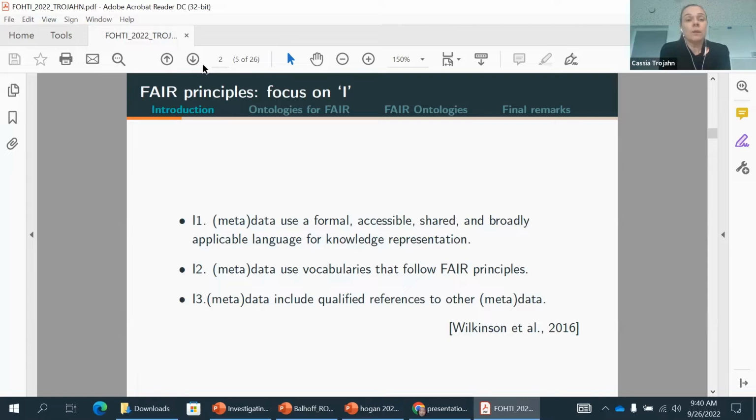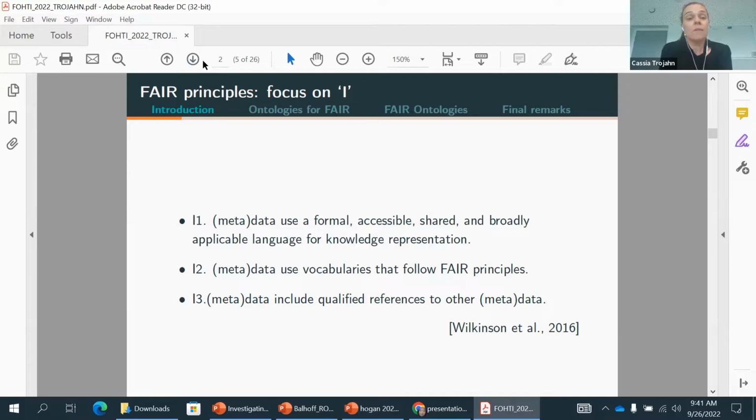When we look more precisely at the interoperability principle, we can take the words from those who defined these principles and look at these three principles. The first is that, in order to be interoperable, data and semantic resources in general have to use a formal, accessible, shared language for knowledge representation.